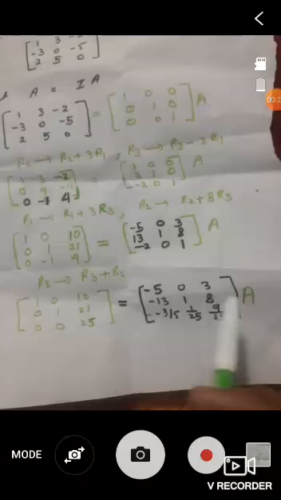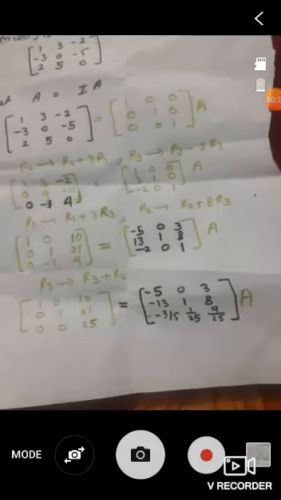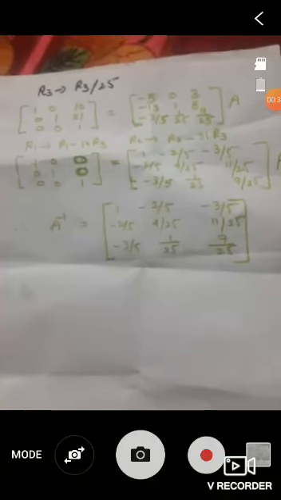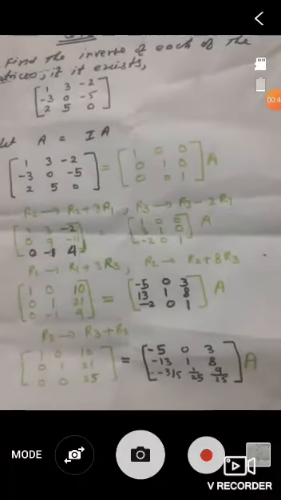Now I will apply R3 changes to R3 divided by 25. The reason is that I want to convert 25 into a unit, that is 1.